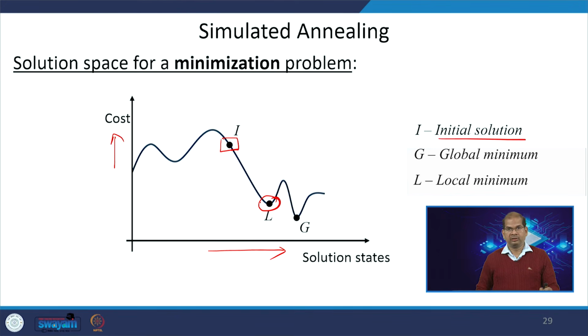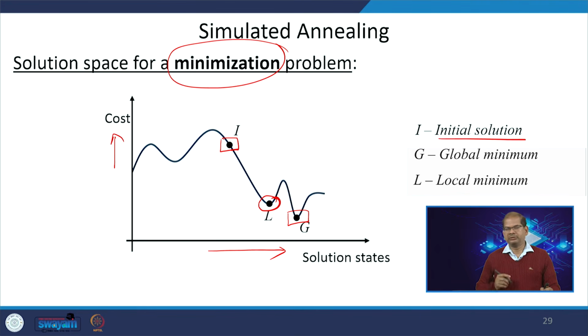This is a minimization problem, so it will go to the local minimum. But if you look at this diagram, I have another solution here which is better than the one I got using the local minimum. But if I go by the greedy method, I will always fall into this local optimum.